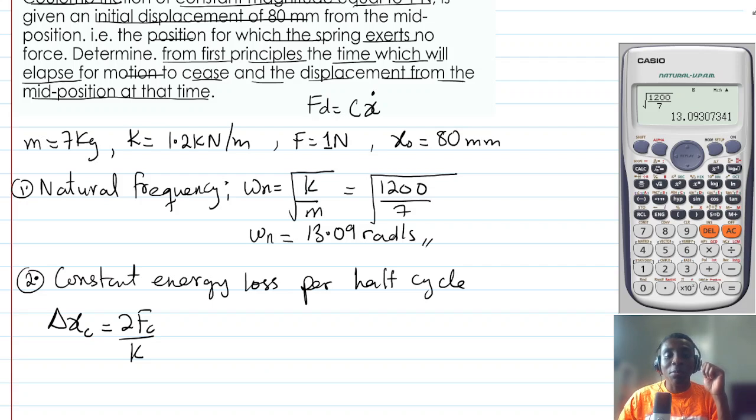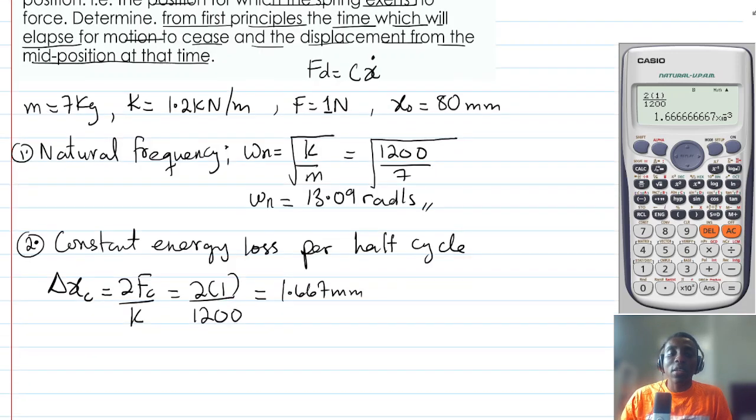So it is 2 multiplied by the magnitude of the Coulombic friction, which is 1, divided by 1200. That's 2 into 1 into 1200, essentially 1.667 millimeters.